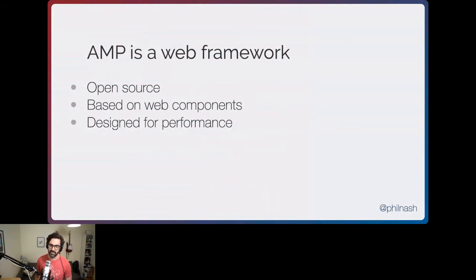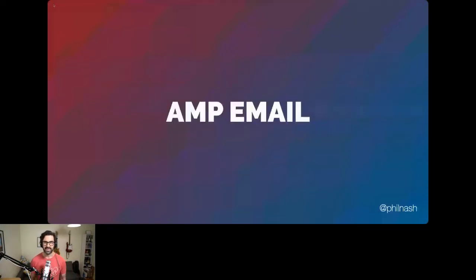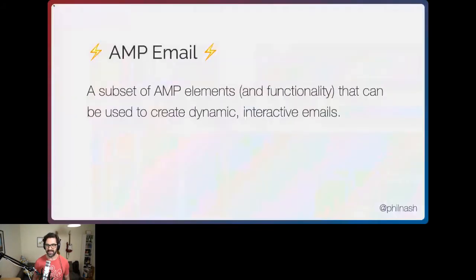last year, AMP for Email came out, and this is where we're getting to with this interactive, dynamic email. AMP email is a subset of AMP elements and their functionality. So it's kind of a subset of a subset, in a way, that can be used to create dynamic, interactive emails.